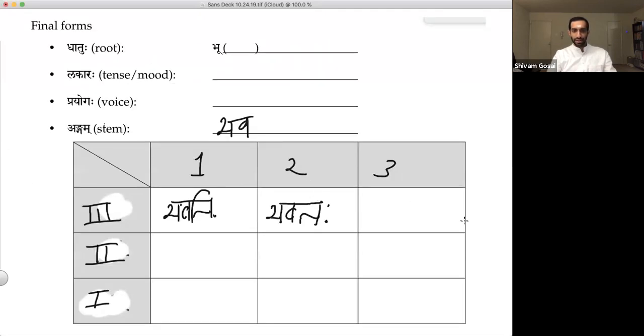So we see how it's a little bit more complex than it seems. But even if you didn't completely follow that, it's pretty simple. Bhava plus anti is bhavanti. Don't say bhavaanti. Okay, so bhavati, bhavataha, bhavanti.